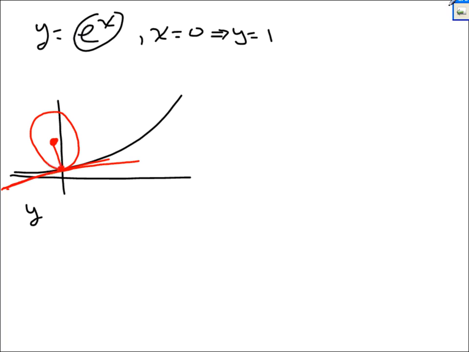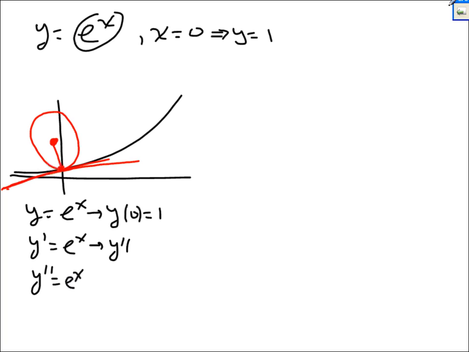I know that if y is equal to e to the x, then y prime is e to the x, and y double prime is e to the x, and y at 0 is 1, y prime at 0 is 1, and y double prime at 0 is 1. So the curvature is going to be straightforward.